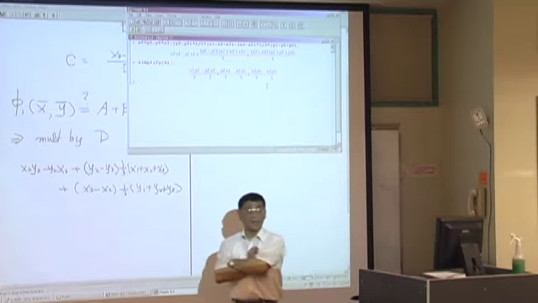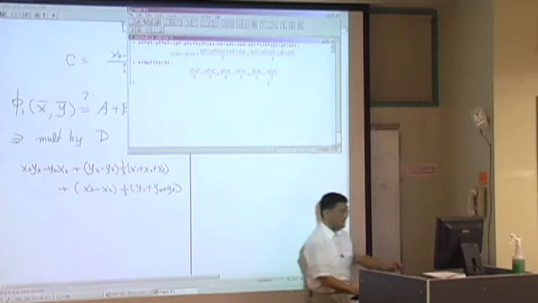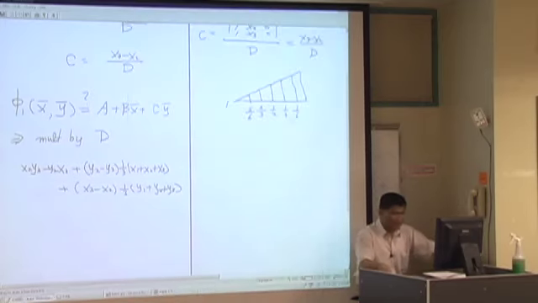This is the result, and I will divide this by d. So let's calculate d. d is equal to the determinant of 1, 1, 1, x1, y1, x2, y2, x3, y3.